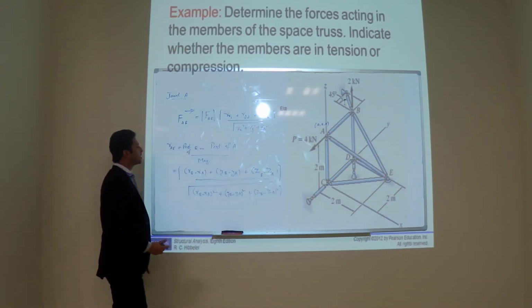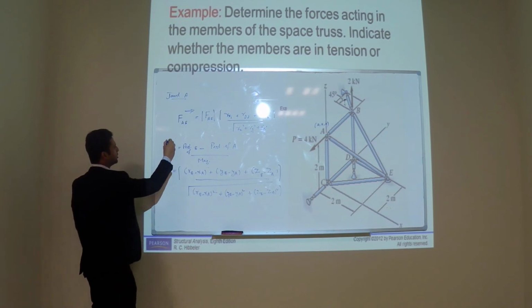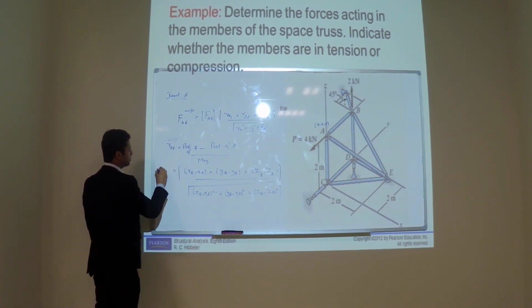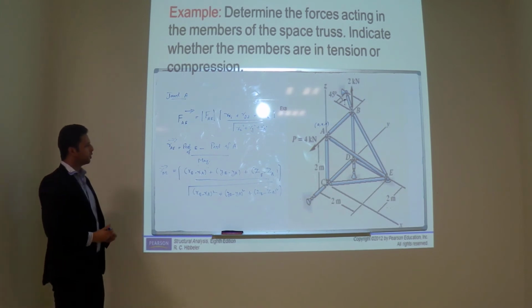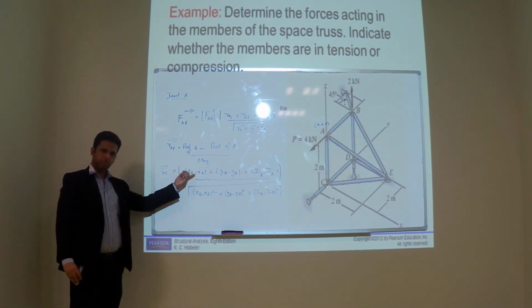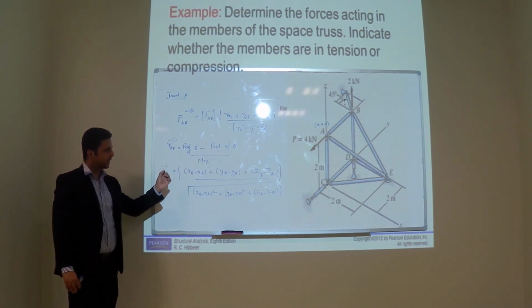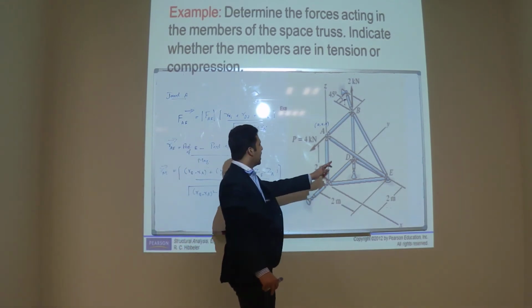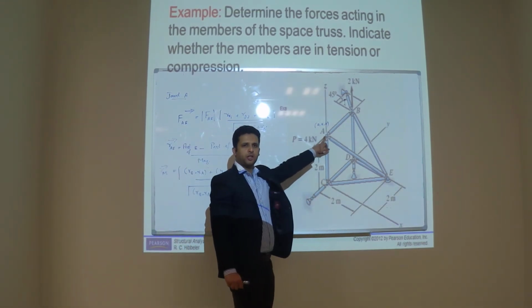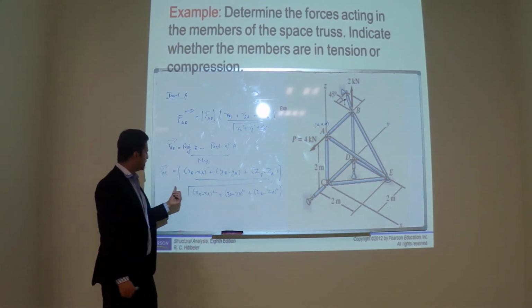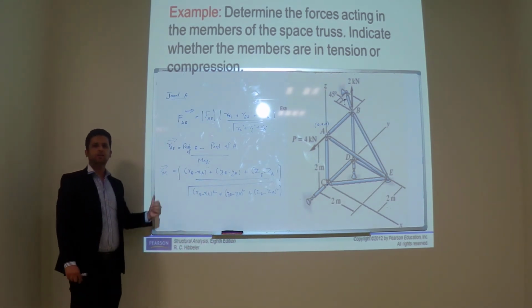Is it difficult to find out the position vector RAE? No, very easy. Now you have the x, y, z coordinates of joint E and you have the x, y, z coordinates of joint A. Just put the values, you will get the position vector RAE.